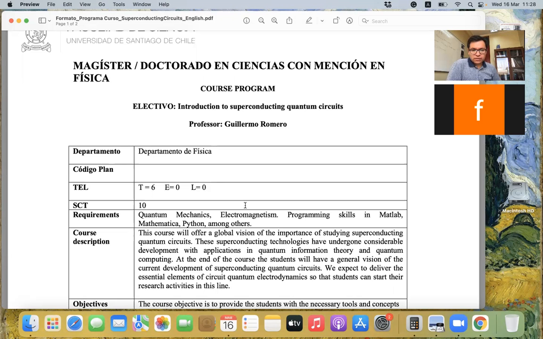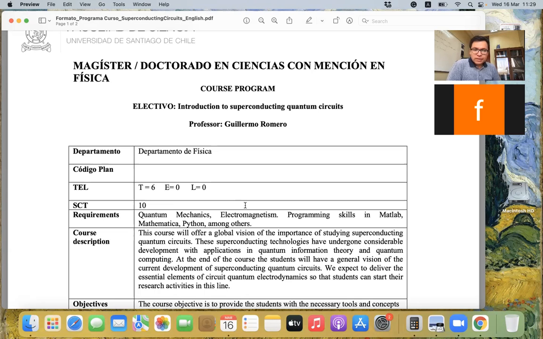For instance, you are probably aware that this type of technology is already used by IBM or even Google and D-Wave as building blocks for building quantum simulators or quantum computers.